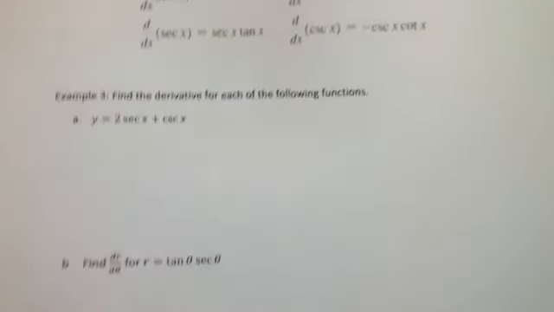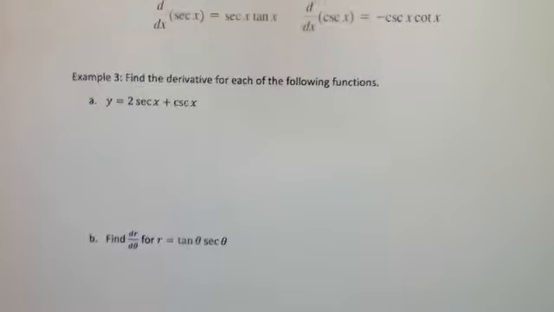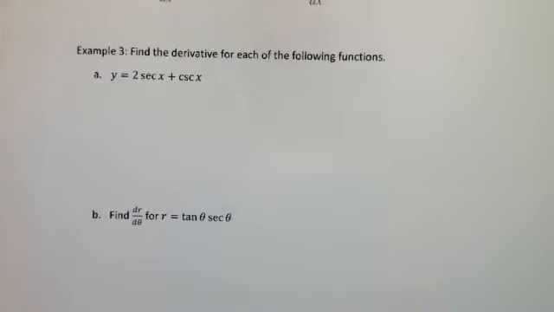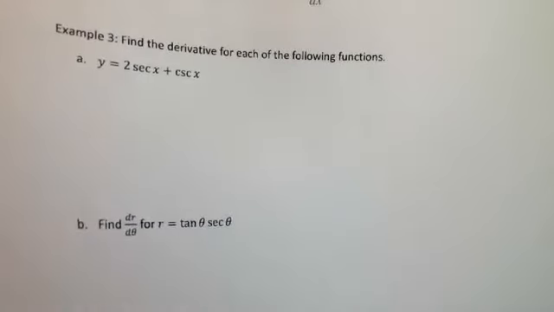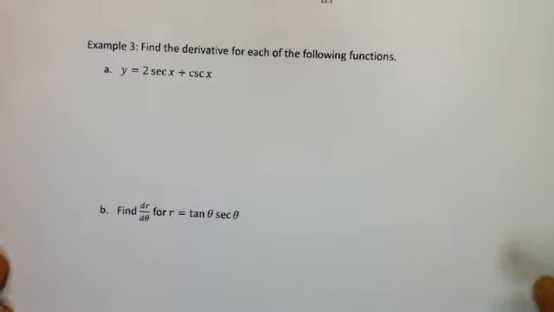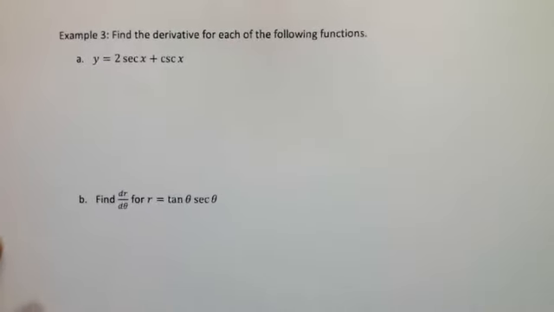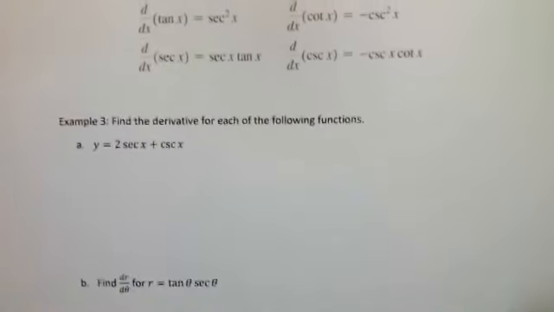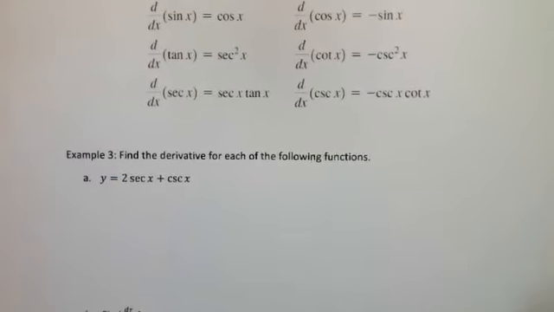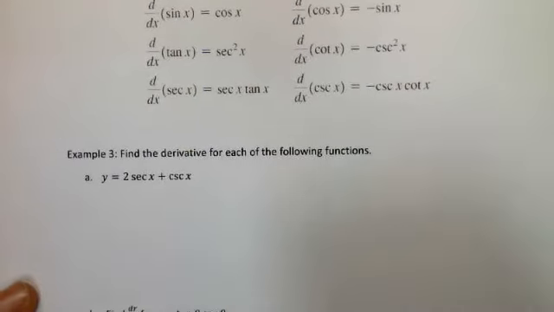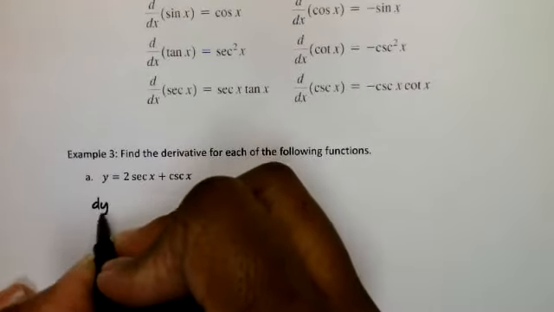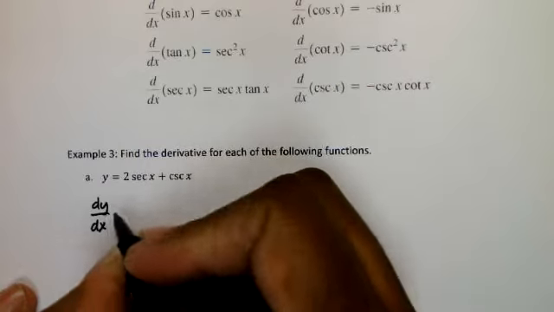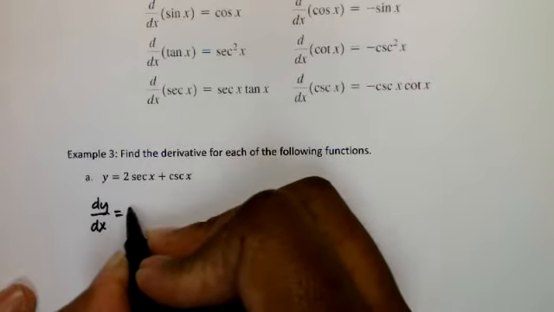All right, so now, here are some examples of just this. Let's say we want to find the derivative of y equals 2 secant x plus the cosecant of x. And that's using these trig functions here that I just gave you. I'm going to use dy/dx as a notation for the derivative. Bring this 2 down.